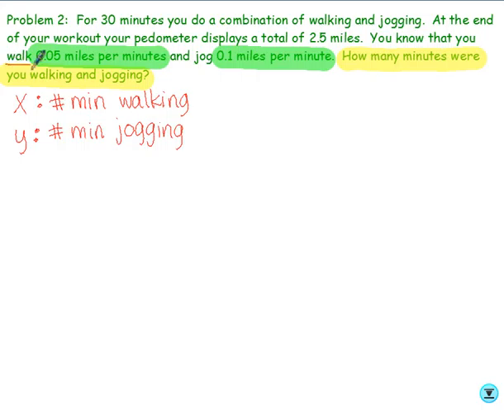0.05 was your walking, which is X. So 0.05X. Your 0.1 was jogging, so plus 0.1Y. So the decision is, what's the total for this equation?